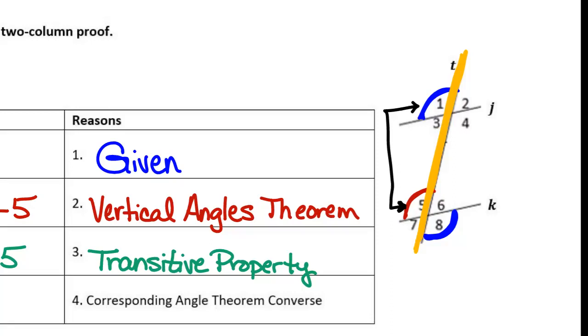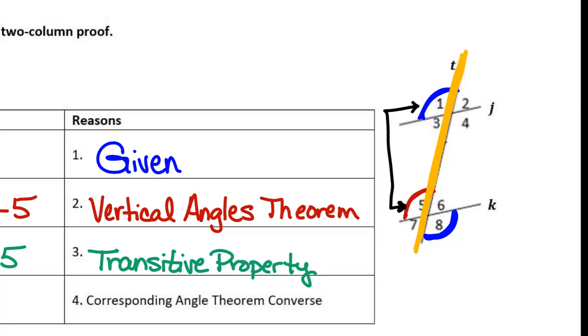Same side. What are the 2 lines that T is crossing? J and K. Are angles 1 and 5 in between J and K? One of them is, but the other one isn't. So they're not both interior. So I can't call them interior angles.